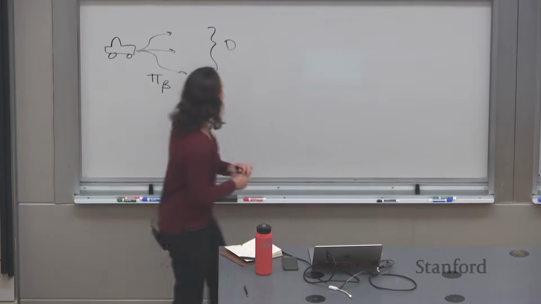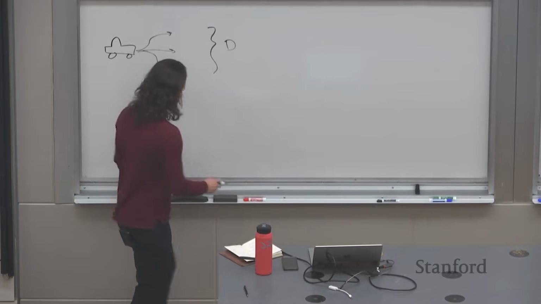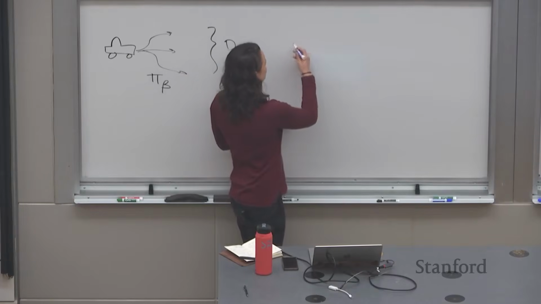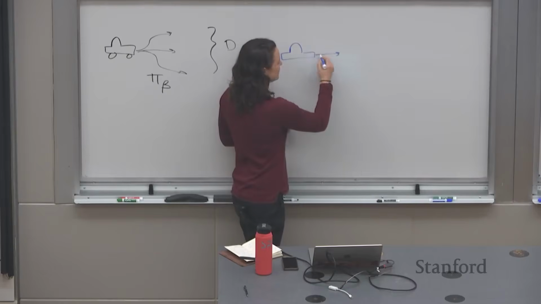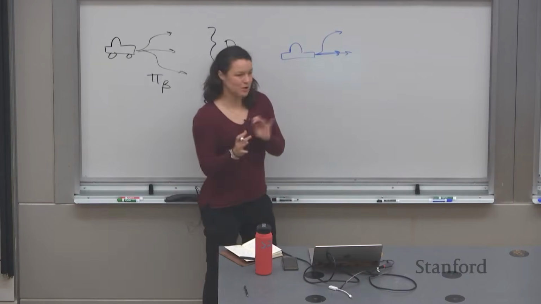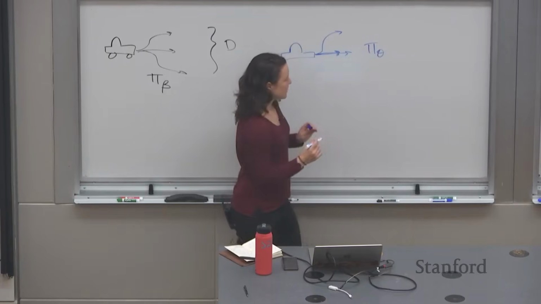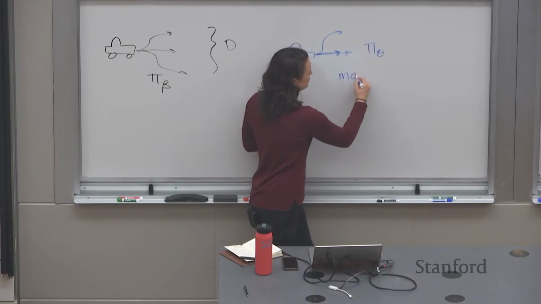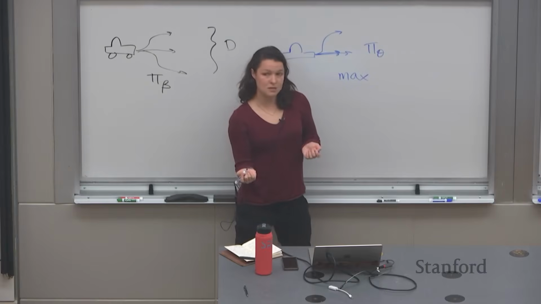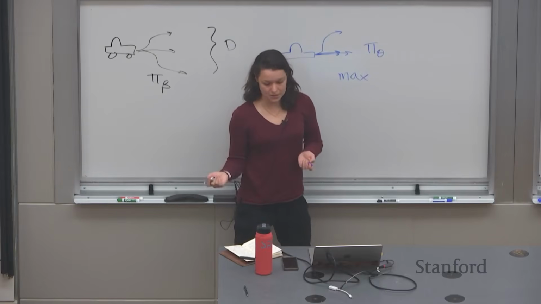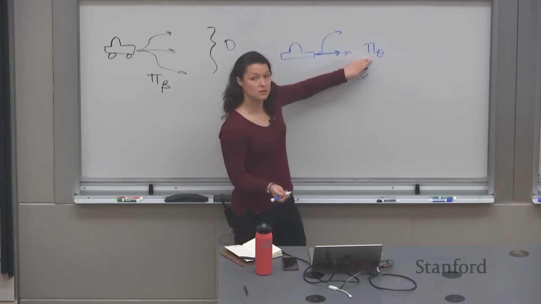And so ideally, we would be able to take this data set and learn some policy that can control the car. Ideally, it's a pretty good policy. Maybe some of the times it does merge into another lane. But generally, we want a policy that we'll refer to as pi theta. And we want to ultimately maximize an objective corresponding to the sum of rewards for how good this policy is.